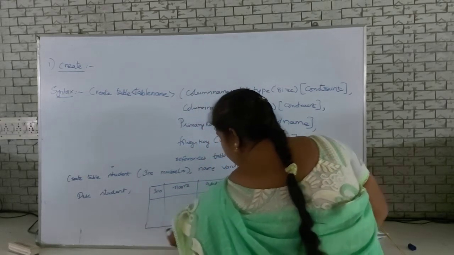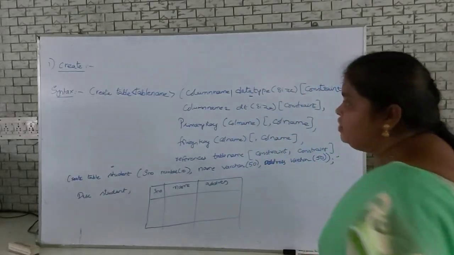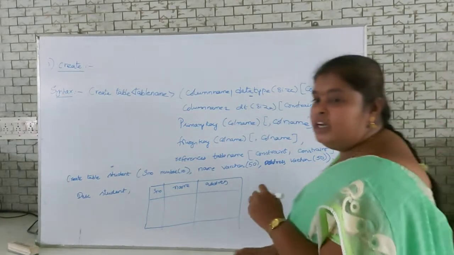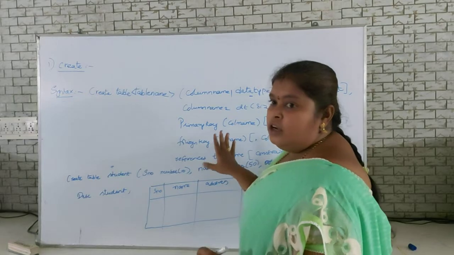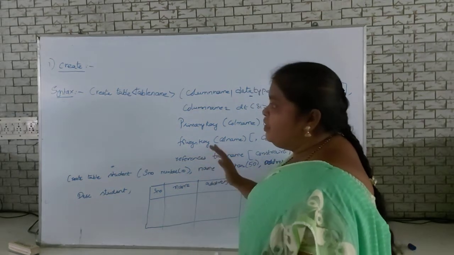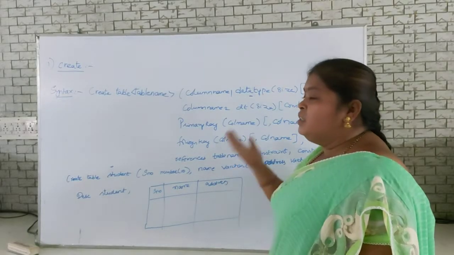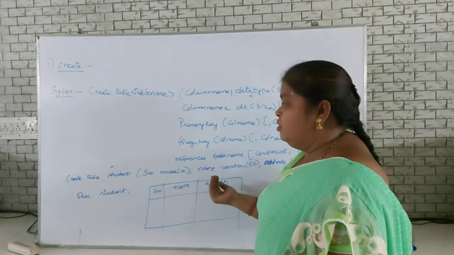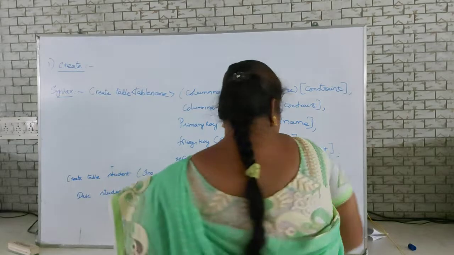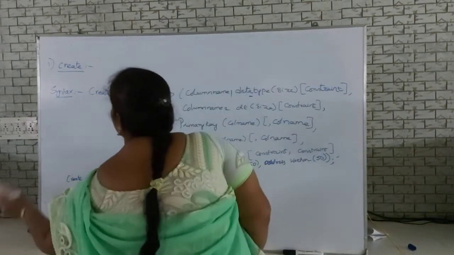By using the create command, we have created only the structure, not the data. If you want to enter the data into the table, we use the data manipulation language, that is, the insert command is used.